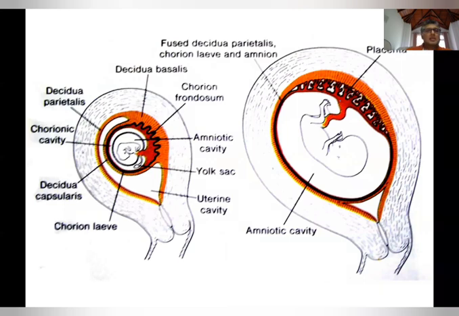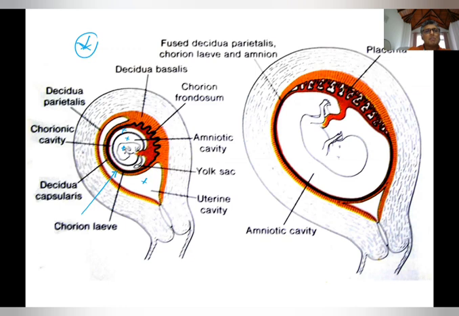Now, if you look at this early stage of pregnancy, you can see the embryo inside covered totally with the amniotic cavity. Outside the amniotic cavity, you get the chorionic cavity. This is part of the endometrium covering the fetus, and here is the uterine cavity of the uterus.